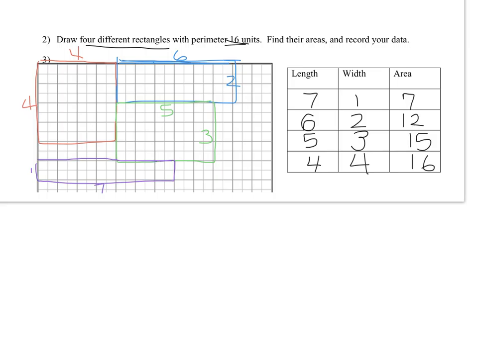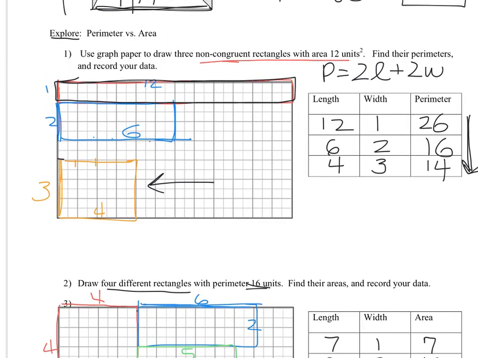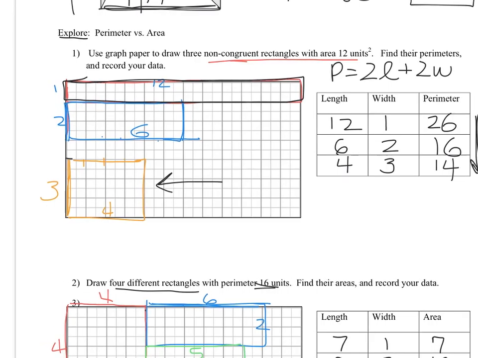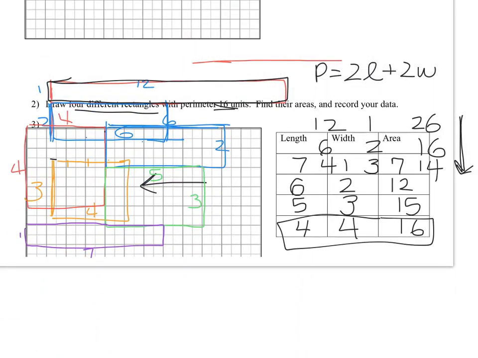So the one with the biggest area will be the one, again, that looks most like a square. That will give me the biggest area. In the example before, the one that looks most like a square gave me my smallest perimeter. And the one that looks most like a square will give me my biggest area.